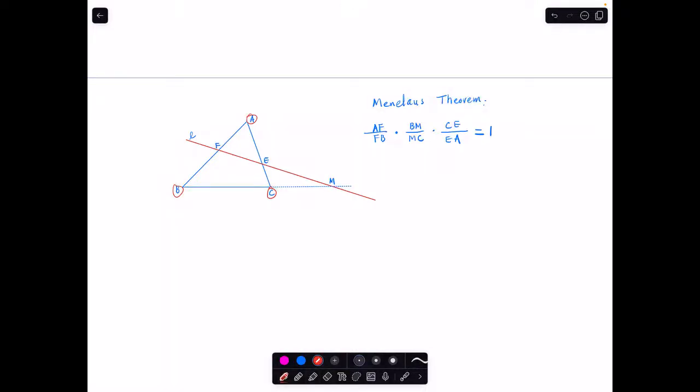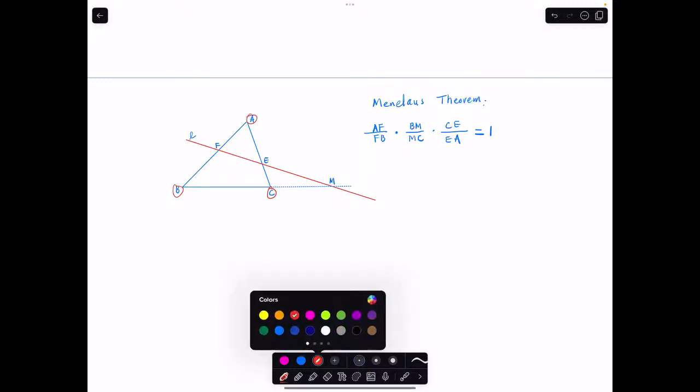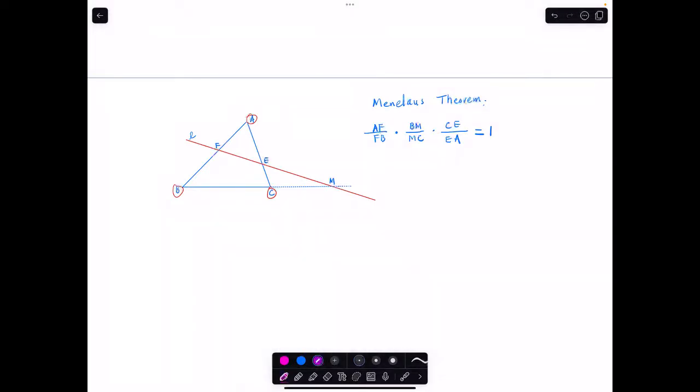Let's mark it with a different color here, right? So we're going to cut with F here, and then the other cut here is going to be M. The other cut is going to be E, all right?